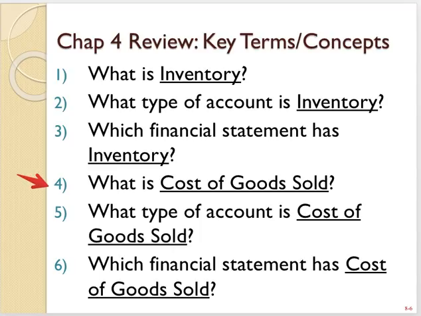What is cost of goods sold? What type of account is cost of goods sold? And which financial statement has cost of goods sold on it? So I'm going to give you guys a minute to, on your own, try to remember and reflect on the answers to those questions. Make sure you really have a good understanding.